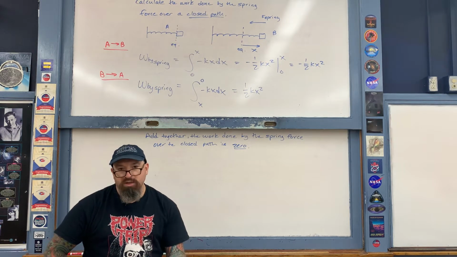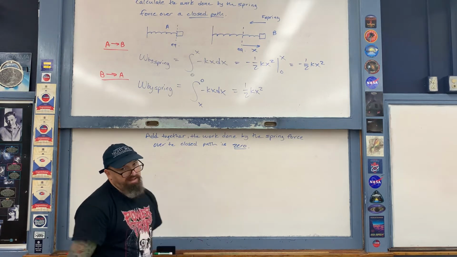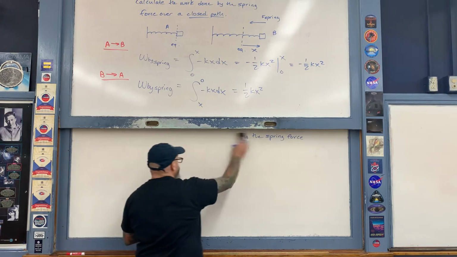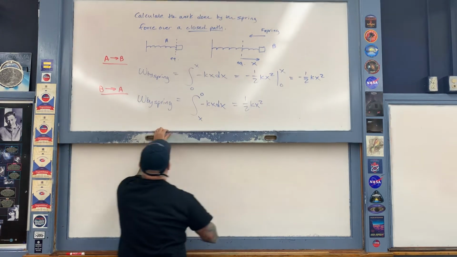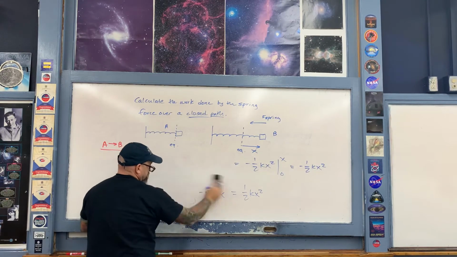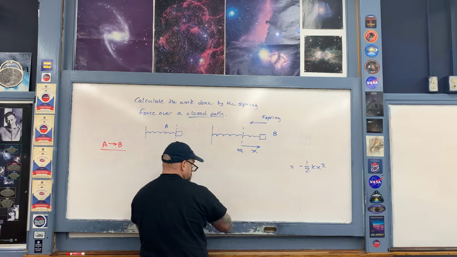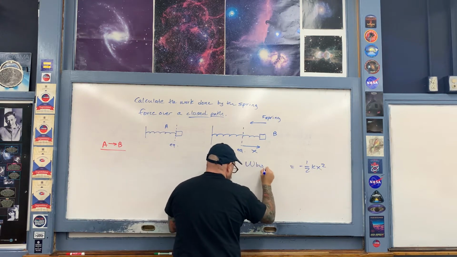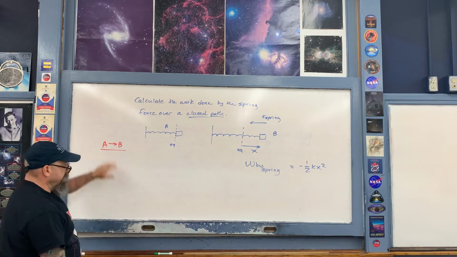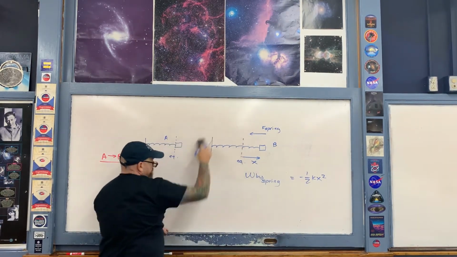Okay, how do we quantify spring potential energy? Well, we basically just take 1/2 of the calculation that we just performed. Okay, let me go ahead and do some erasing here. Okay, let me rewrite this like so, as we go from A to B. Okay, and now up here, let's change the heading.